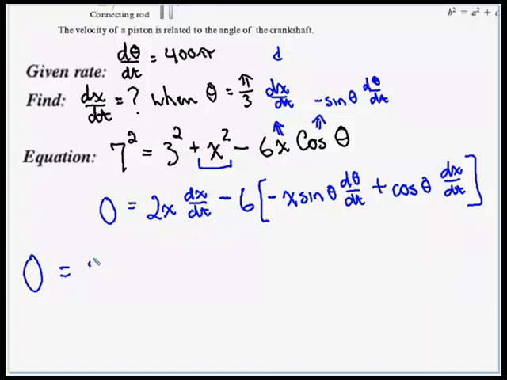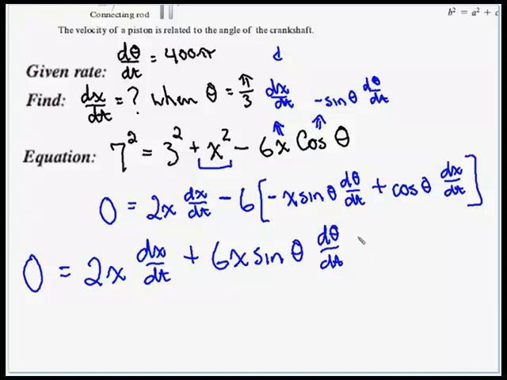So we have 0 equals 2x dx dt. This minus times minus will be a plus 6x sine theta d theta dt. And then negative 6 times cos theta dx dt. We are trying to solve for dx dt.